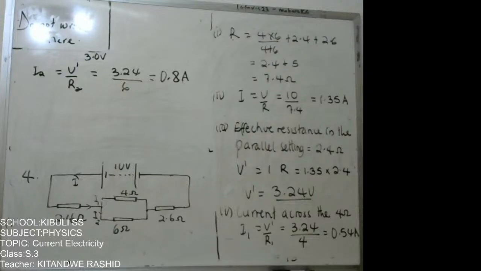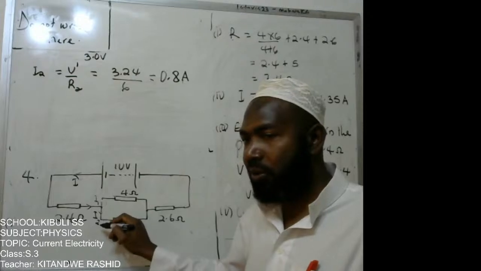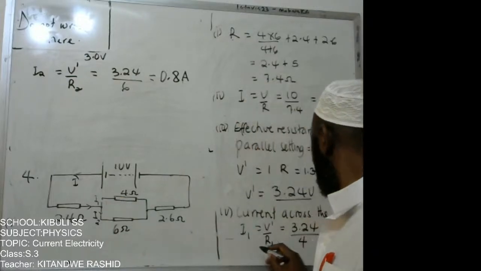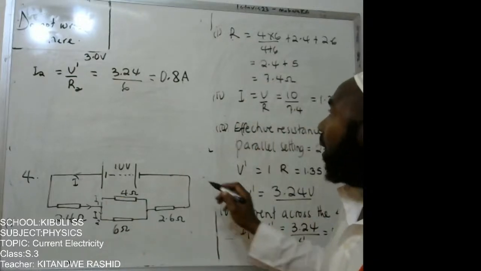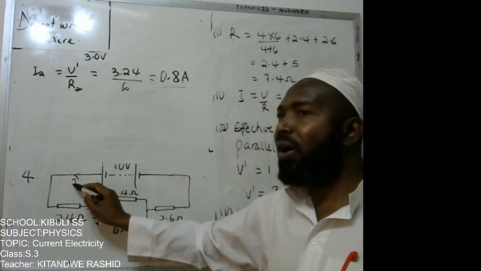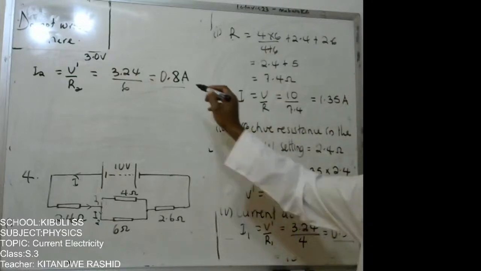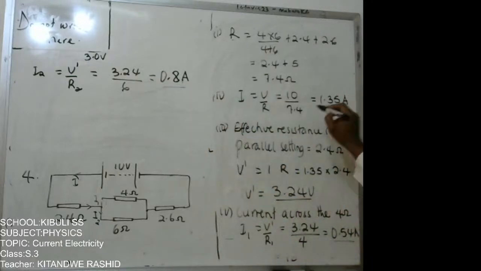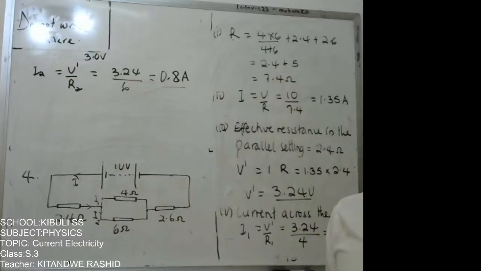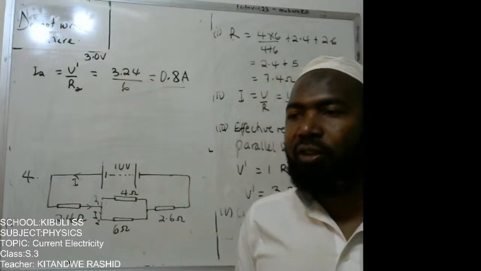I1 you have got it to be this one, and I2 to be this one. Now to prove whether your answer is correct, you go to your I. I you got it to be 1.35. Add this one plus that one and see whether you are getting 1.35. If you are getting the same answer, then you confirm that you are on the right track.